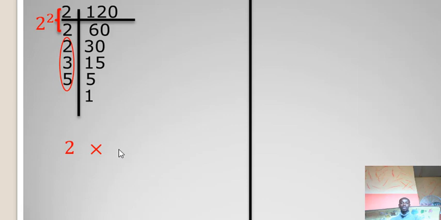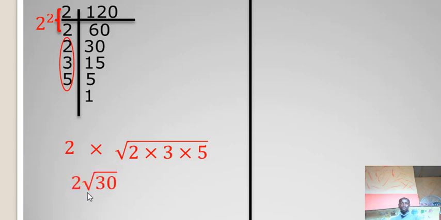You write them out in a root box. And my answer is going to be 2 root 2 multiplied by 3, that is 6, multiplied by 5, that is 30. So everything in the root box is 30 and the 2 is separate. So this is 2 root 30.